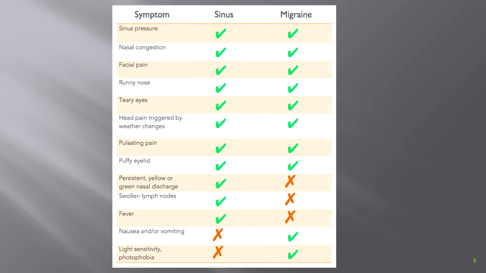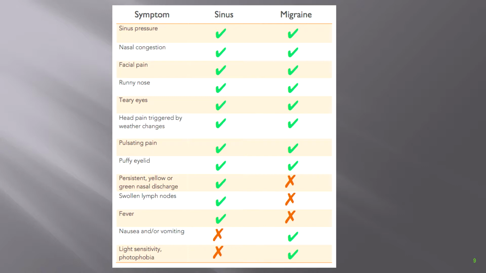So this is an extra slide, because sometimes they come predominantly with headache, and I have a lot of patients referred by neurosurgeons or neurologists to see me. They were admitted under them for headache, and actually it's not a neurological cause, it's a rhinological cause, rhinogenic headache. So I sometimes have to differentiate this.